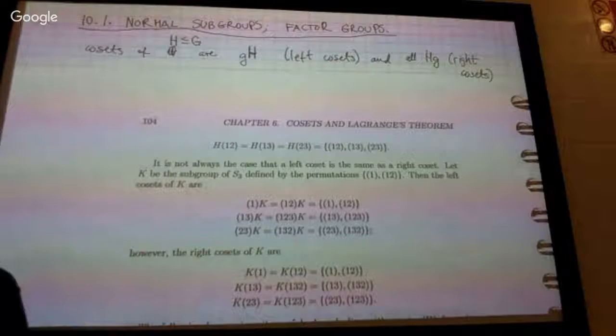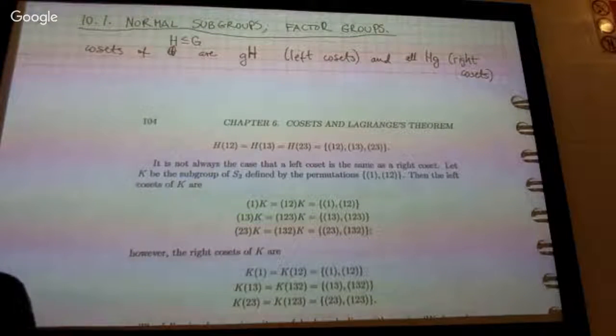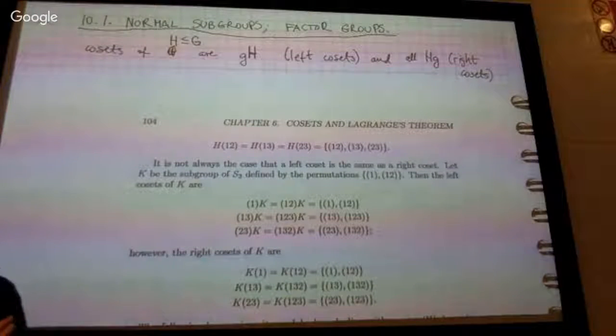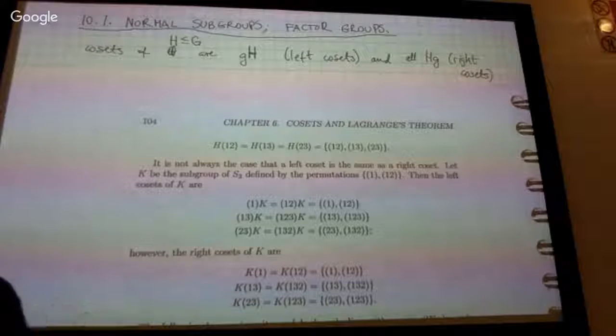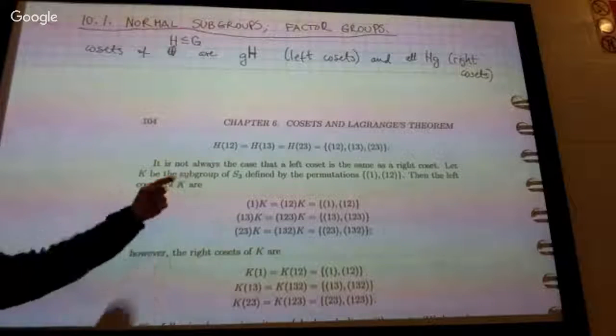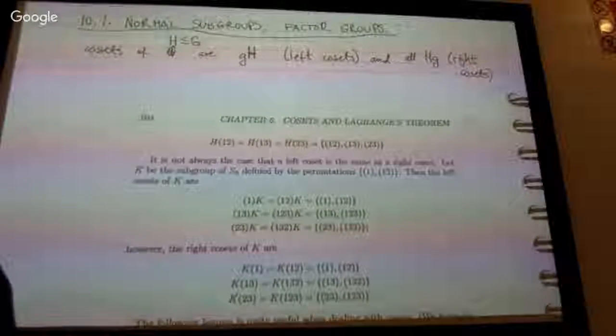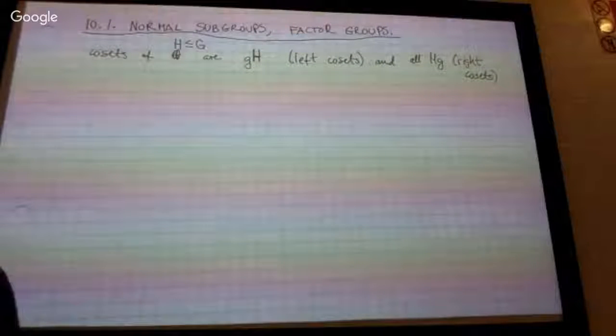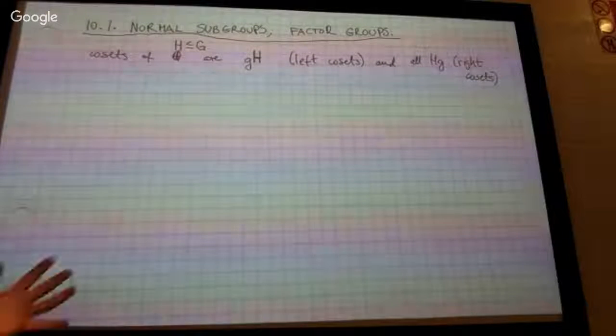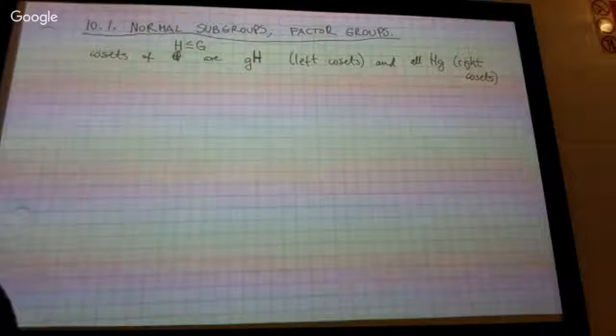Fair enough. So now we're interested in knowing for which subgroups the left cosets and the right cosets are the same sets.